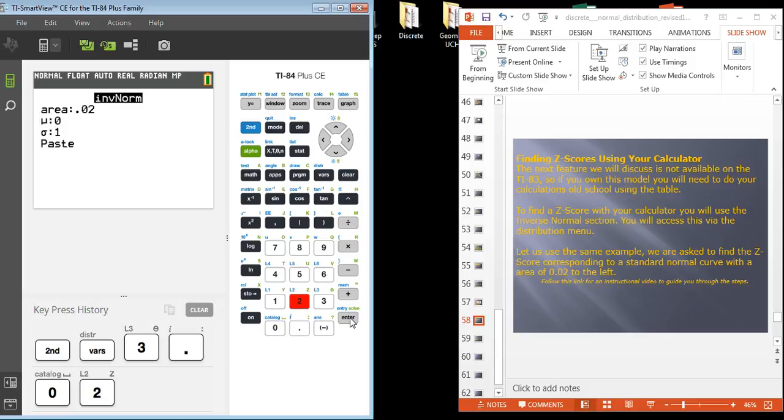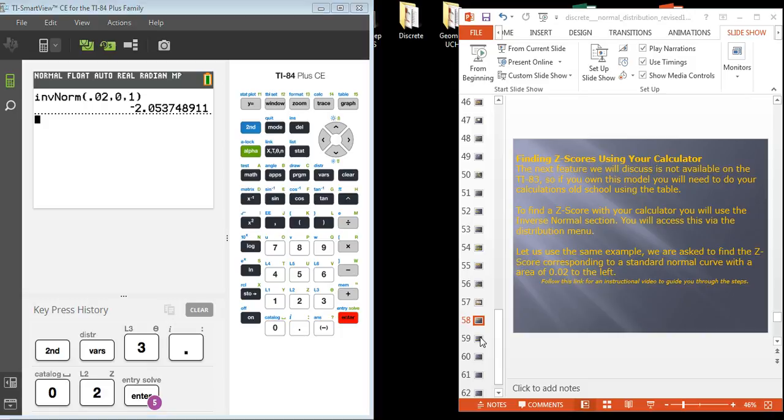Then if you hit enter, it'll ask you, do you want to change mu or not? Do you want to change sigma or not? And then paste. It's going to paste this information in for the inverse normal function, just like we manually entered it with the older model. Then we hit enter to arrive at the solution, and there we have negative 2.053.